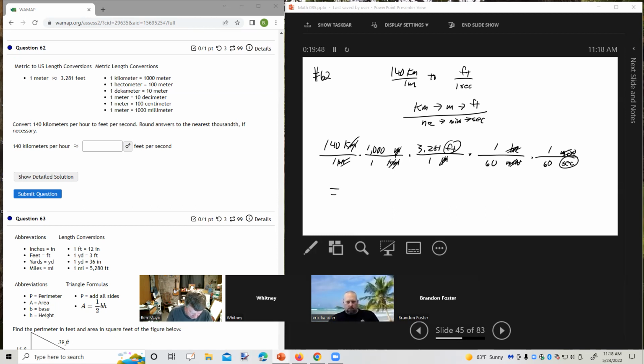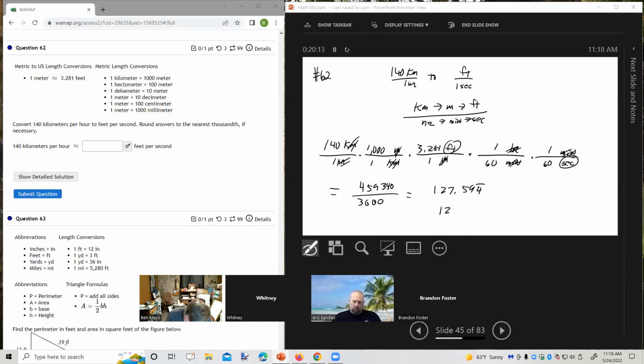Up on top, I've got 140 times 1,000 times 3.281, which is 459,340. And on the bottom, I've got what? 3,600, 60 times 60. So I'm going to take that top number divided by 3,600. And I get 127.59 and then 4 repeating.